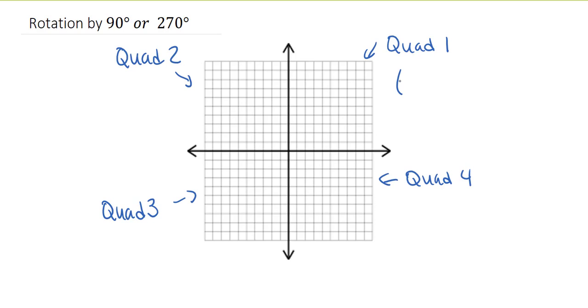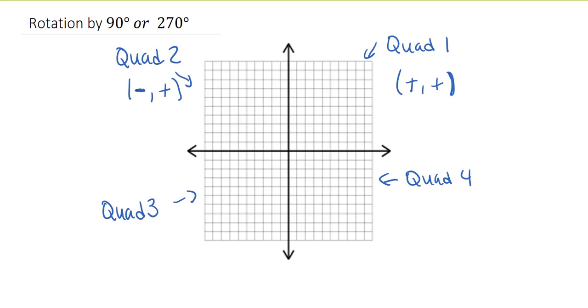Now, in quadrant 1, if we move to the right on the x-axis and go up on the y-axis, these are both positive values. Quadrant 2 has a negative x value and a positive y value.